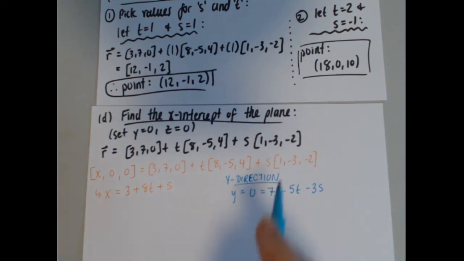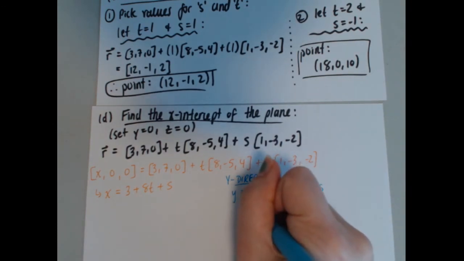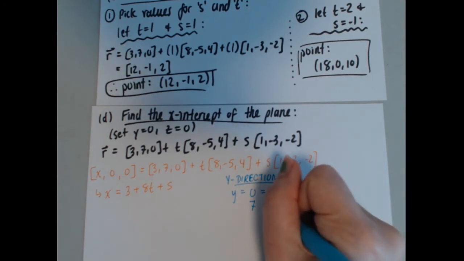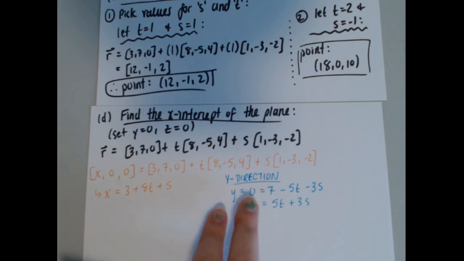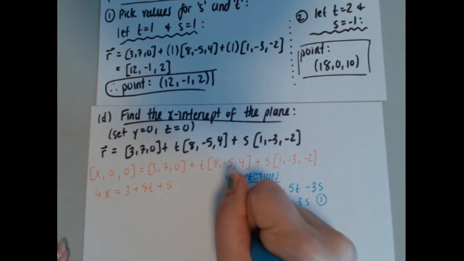Let's rearrange this quickly, and then I'll show you the z direction as well. So 7 is equal to 5t plus 3s, just taking those two terms and bringing them to the other side, and then switching them. That will be my equation 1.